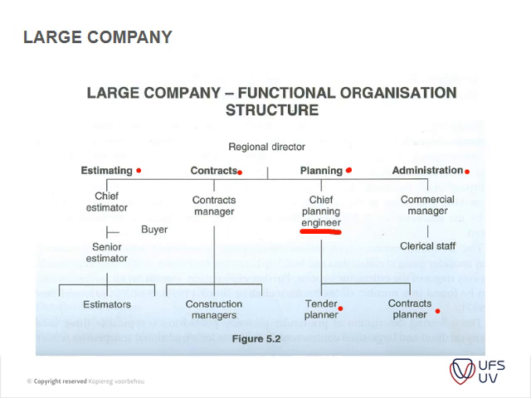And then you've got the estimating office, where you have the estimators, who usually advise your planning and your tender planners on costs, etc. Then you've got your contracts manager, who actually implements the work. And then your administration, your commercial manager, and clerical staff. These are the guys that assist with on-site management and that type of thing.